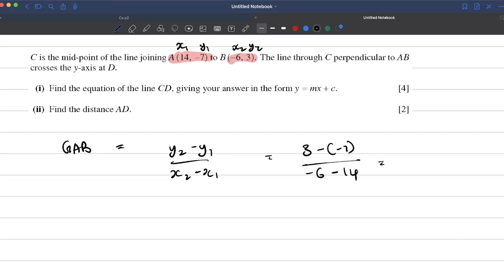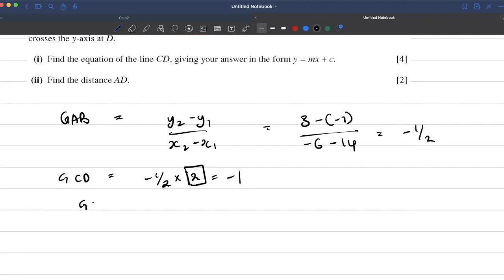What will this give us? 3 minus 7 over minus 6 minus 14. So this gives me a gradient of negative half. So the gradient of CD will therefore be negative half times 2 to give us negative 1, right? Is that right? Yeah. So the gradient is going to be 2.